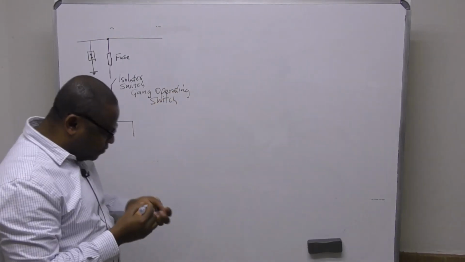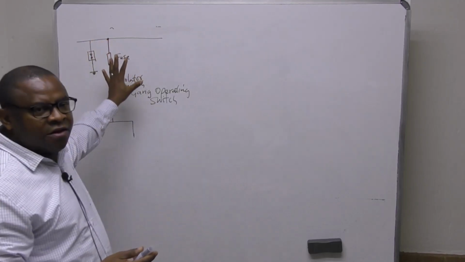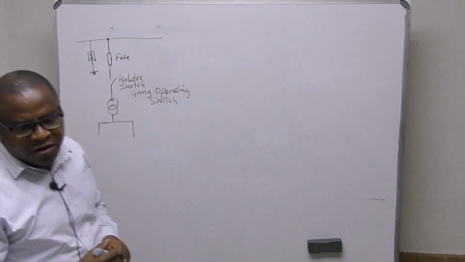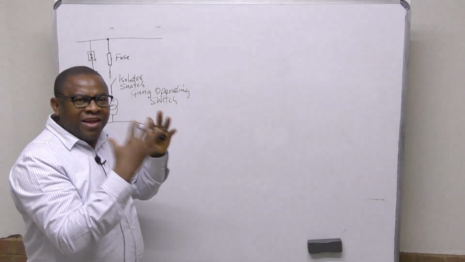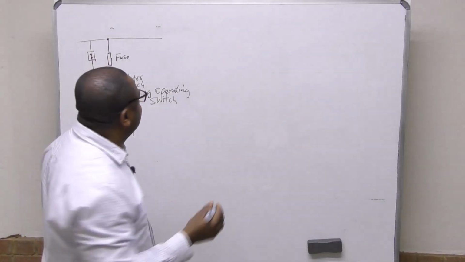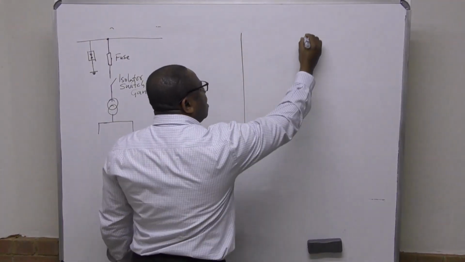Okay, now, this is just like a single line diagram. But what they said was draw the typical installation. So I'm going to look at this and draw, all right? So we have, let's have an H pole.